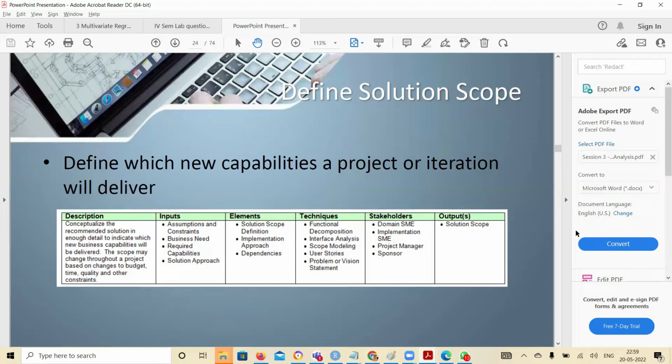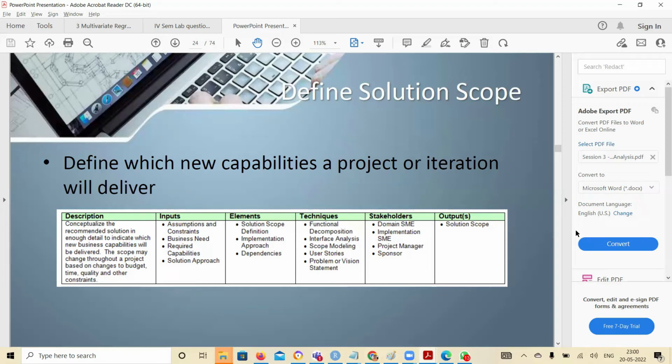Scope modeling. Scope modeling is looking at the scope. You're developing a document. So scope modeling and user stories, we'll talk about it in detail. User stories is again a big document.